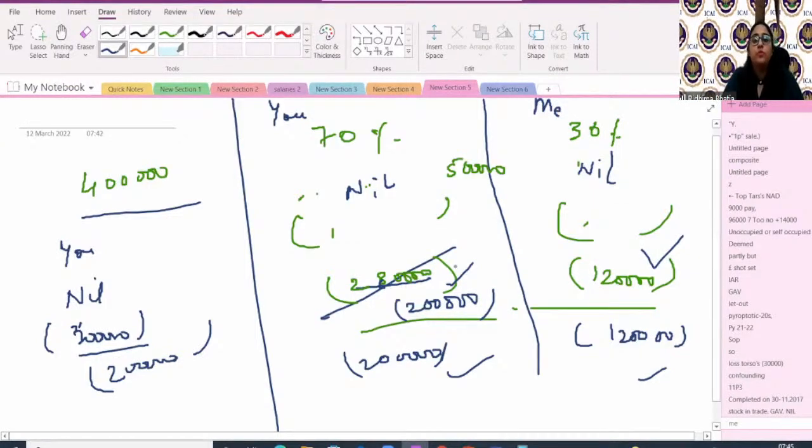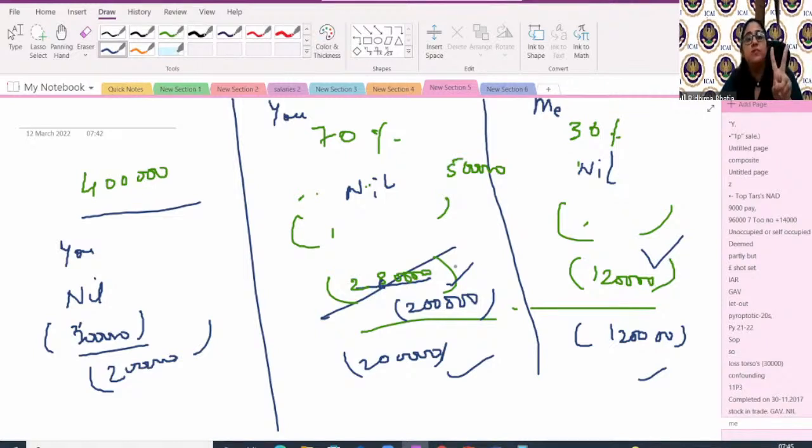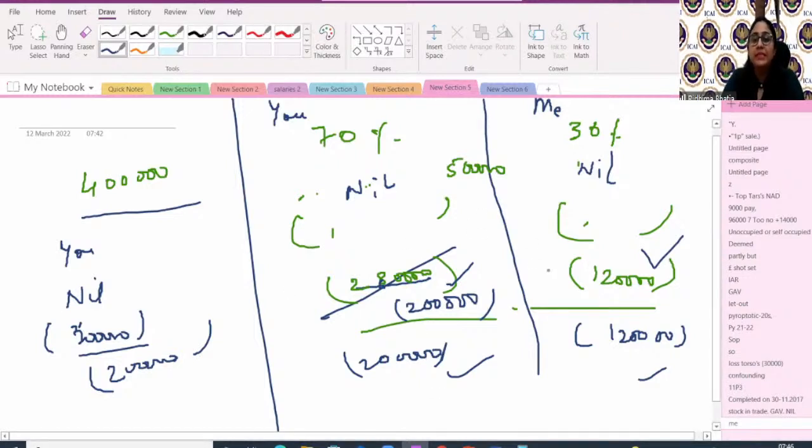So ma'am, you will say, didn't you tell us that for two self-occupied properties, the interest cannot be more than 2 lakhs? Yes, I told that, but that was for one taxpayer. For one taxpayer, for two self-occupied properties, the maximum interest allowed is up to 2 lakhs. But here there are two different taxpayers, and each taxpayer has his own limit of 2 lakhs, and the interest would be divided.